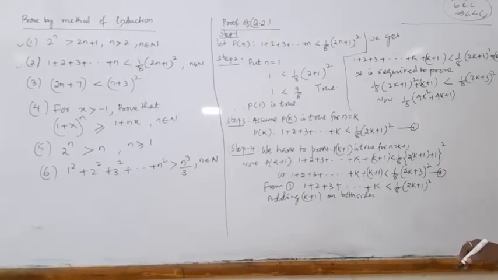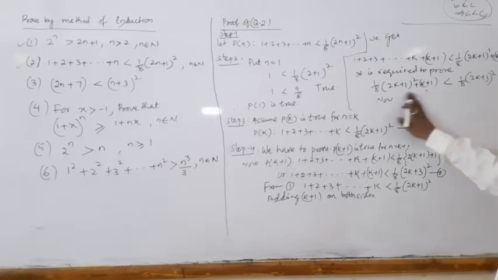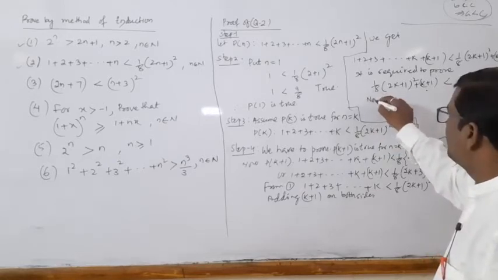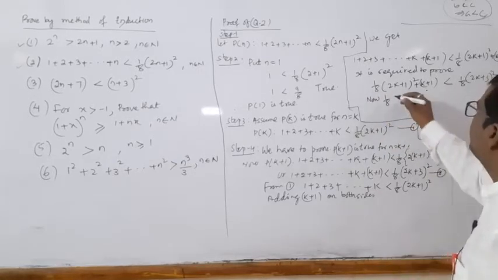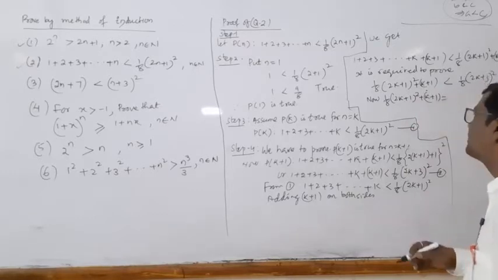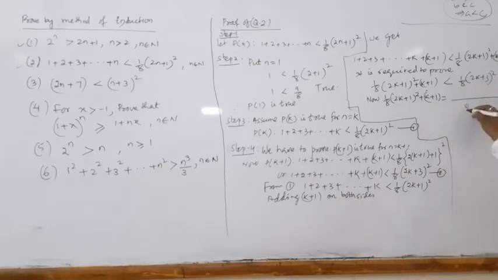Now 1 by 8 into (2k plus 1) whole square plus k plus 1, taking LCM 8, is (4k square plus 4k plus 1 plus 8k plus 8) by 8.